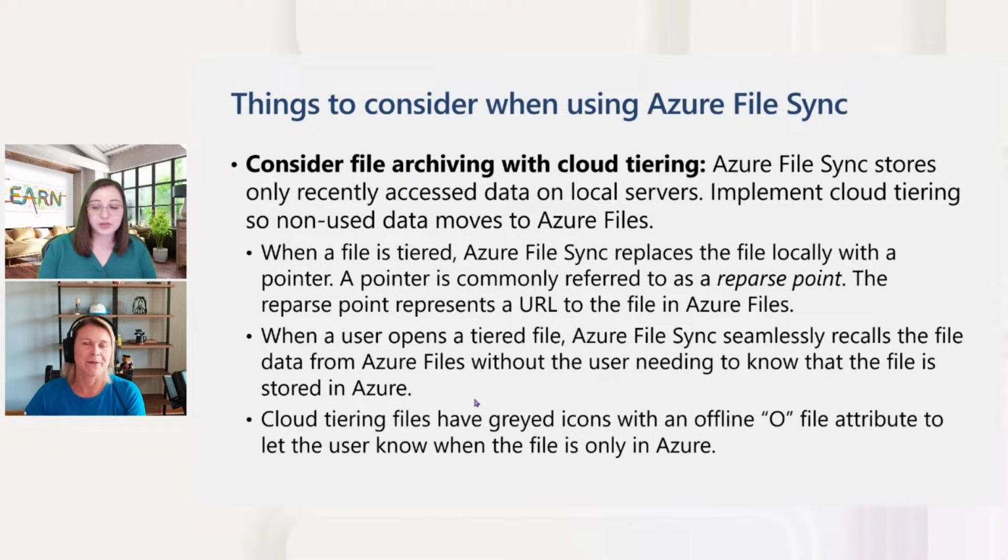Another really cool option here is to configure cloud tiering. If we have frequently accessed files, of course we will keep them as a local cache on the server. But sometimes there are files we're not really accessing, maybe privacy policies or licensing information that we need to reach from time to time, but not very frequently.